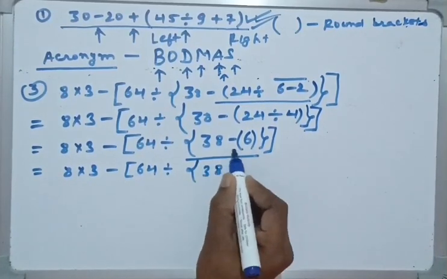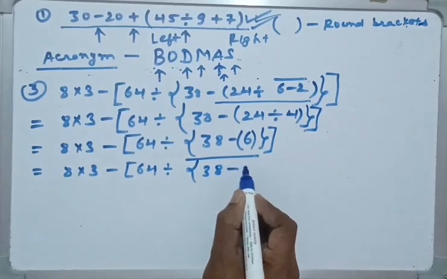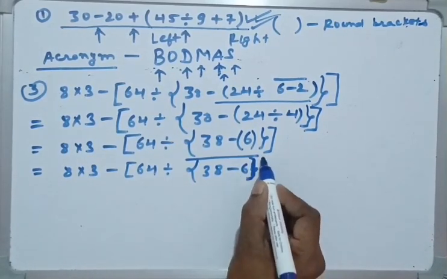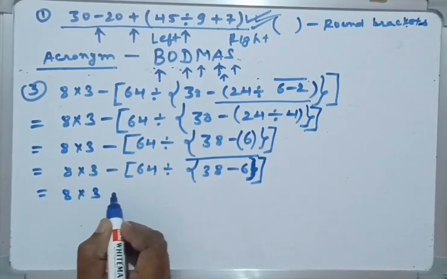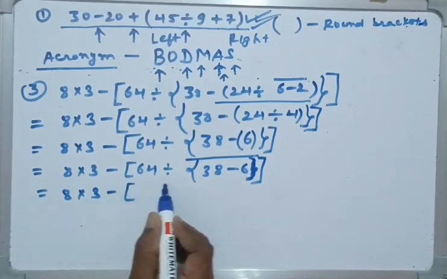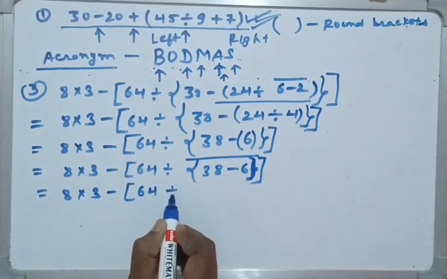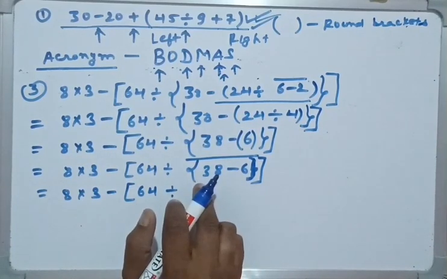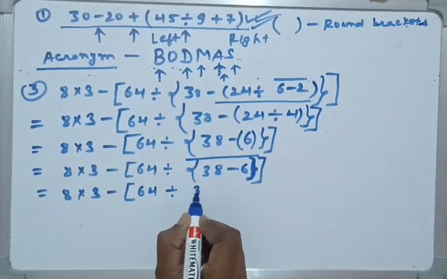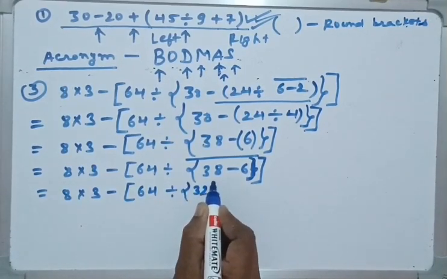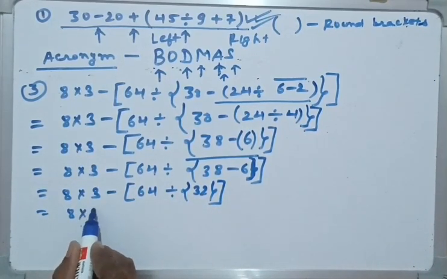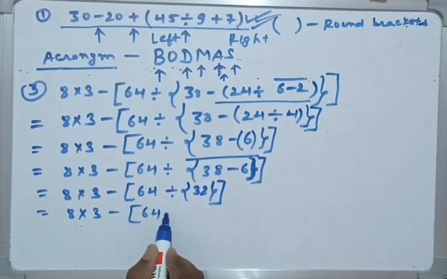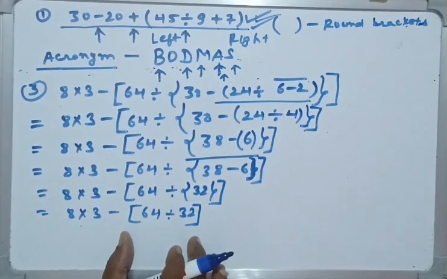Or when you remove this round bracket, then you can write this also. Now see, 8 into 3 negative sign. Now make the solution of the curly bracket first, then this becomes 38 minus 6 equal to 32. Now we remove this curly bracket, so you can write it as 64 divided by 32. Now close the square bracket.